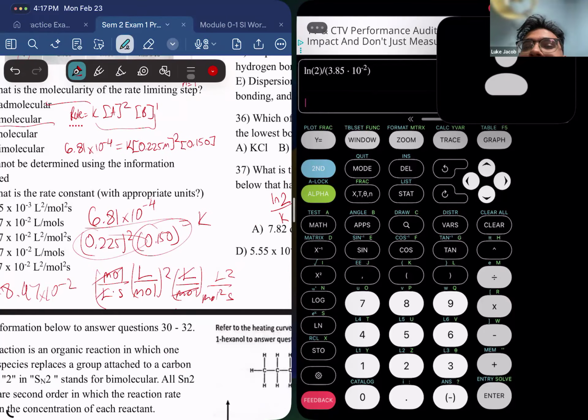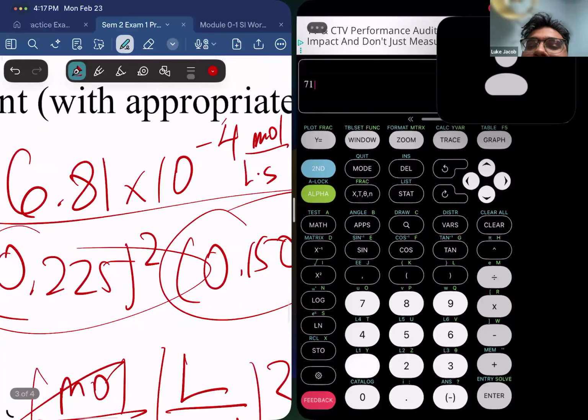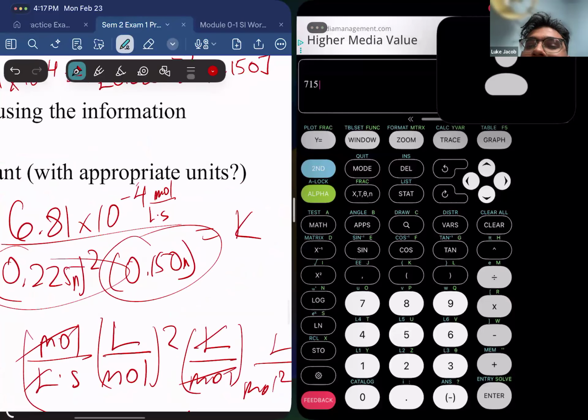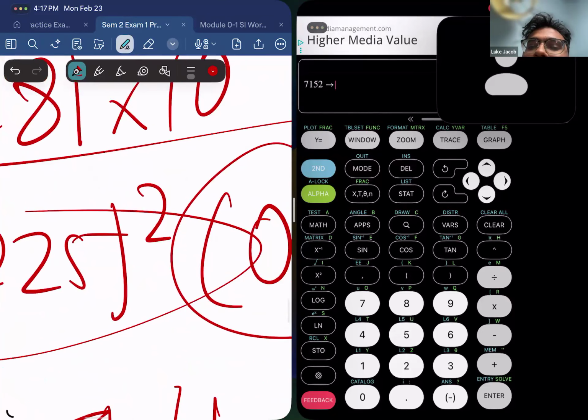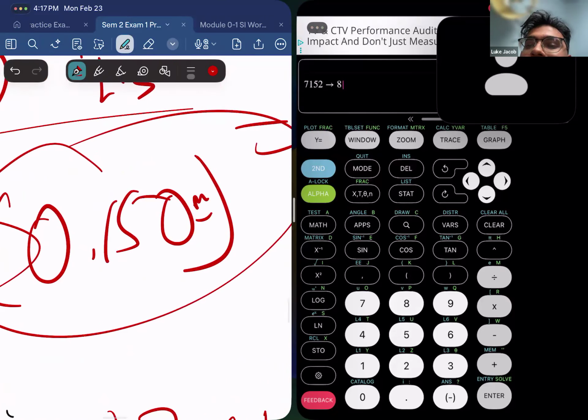Over here I didn't show the units because it would be really confusing, but in this case it would be moles over liters times seconds. This is molarity, and molarity is mole over liter, and this is also mole over liter.